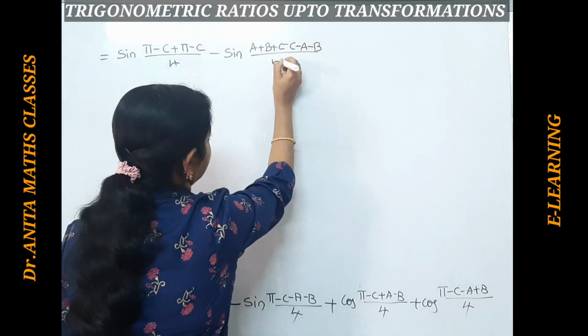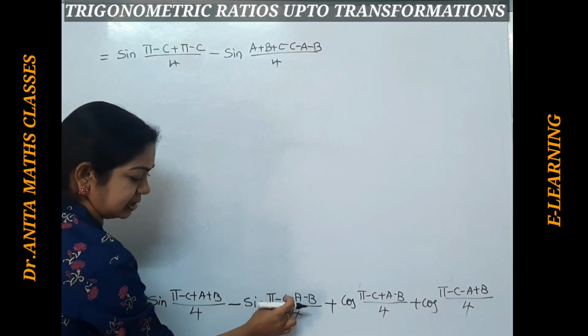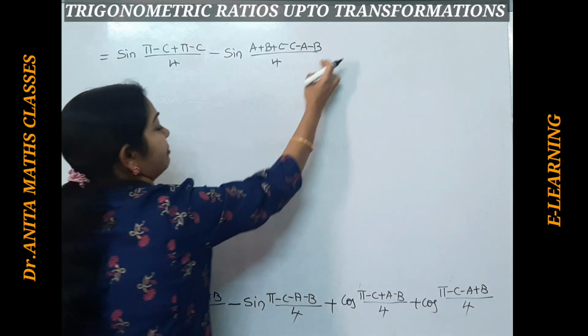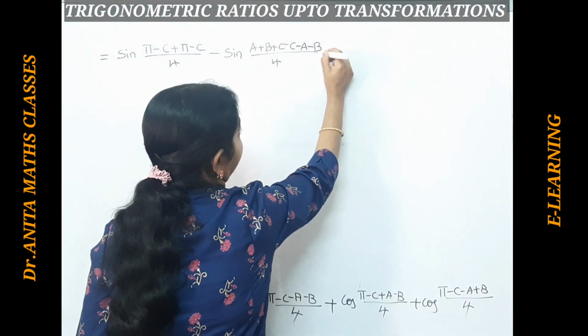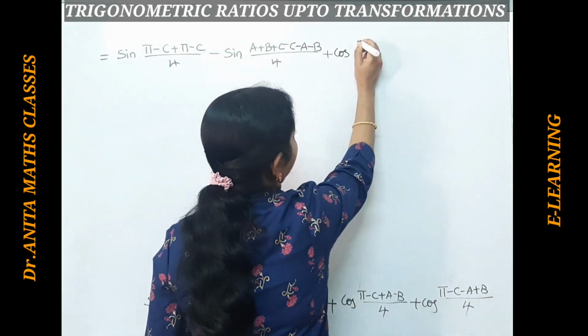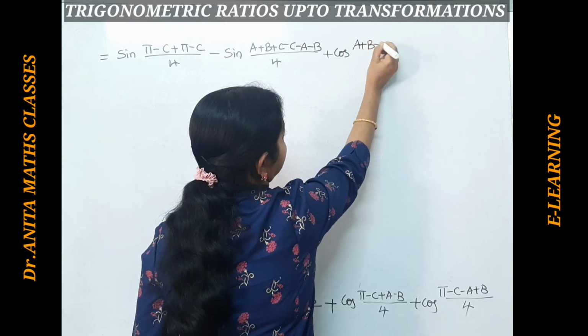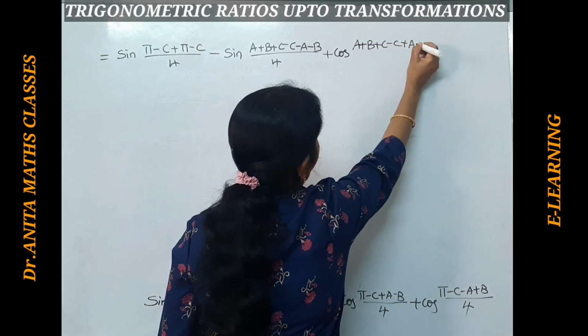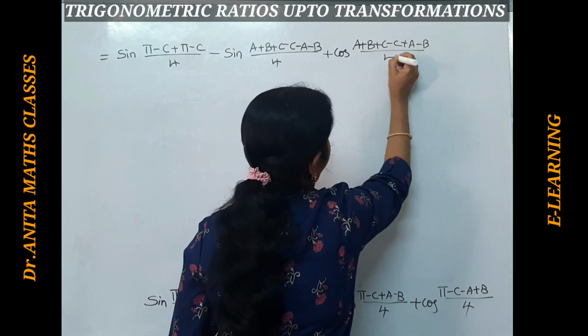This becomes pi minus pi, 0, sine of 0 is 0. This complete thing becomes 0 here, plus cos of, and here again we'll write the pi value as a plus b plus c, minus c plus a minus b by 4.